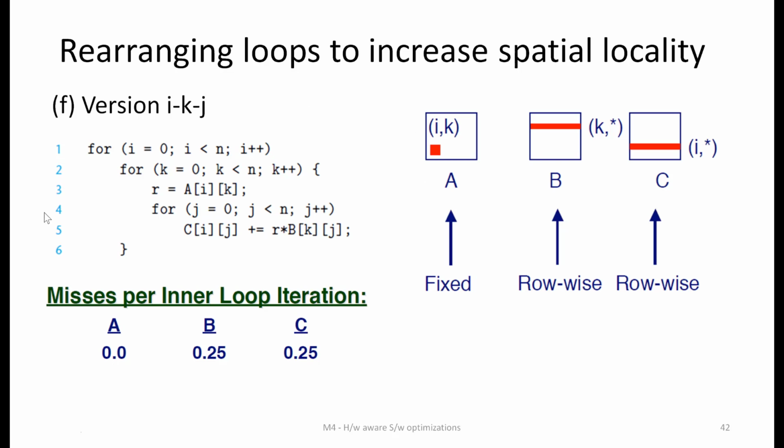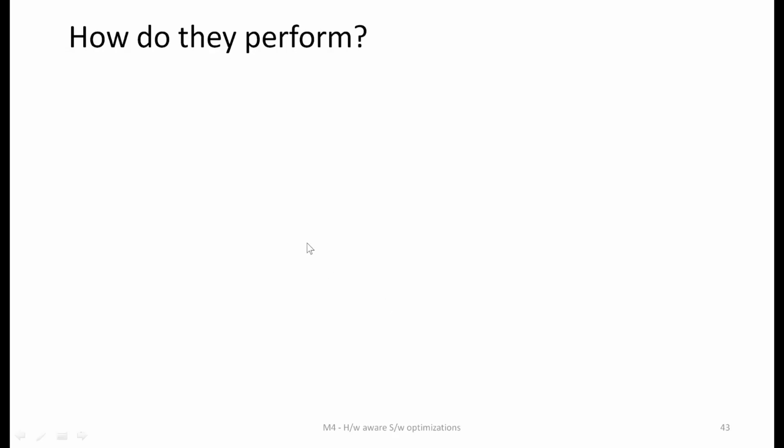Just like the previous version, here we are accessing an element of A, multiplying it with individual elements of a row in B, and generating a row of elements in C. So the accesses would be similar to the kij version. Matrix B would experience 25% misses, and C would also experience 25% misses in its accesses.